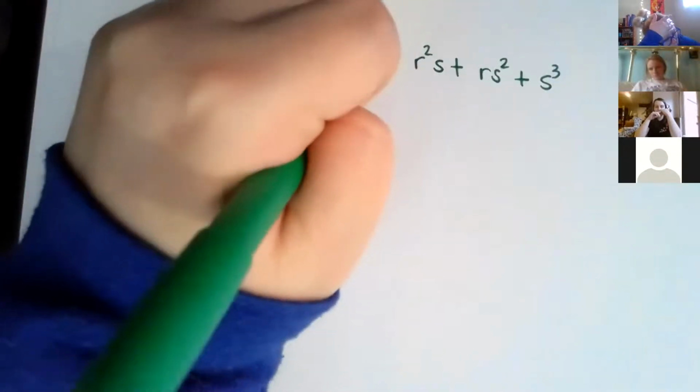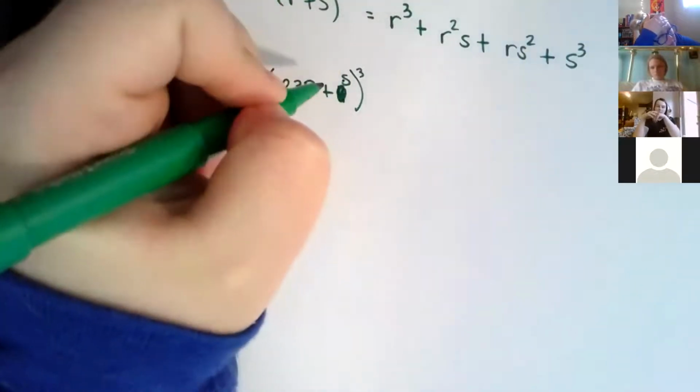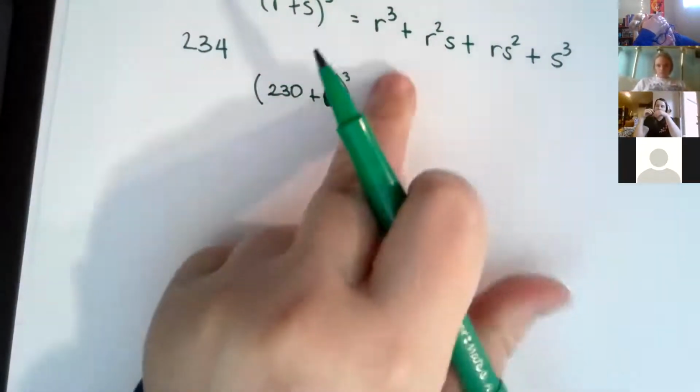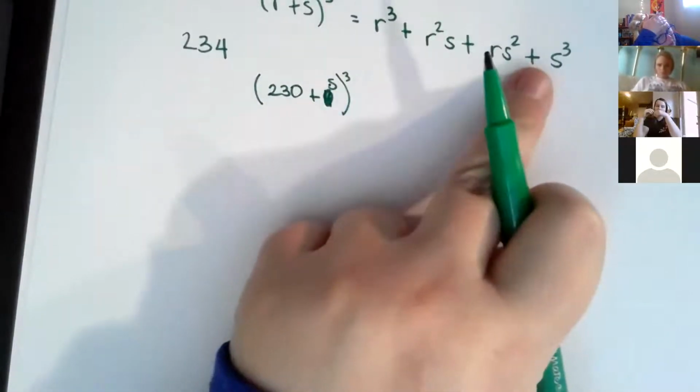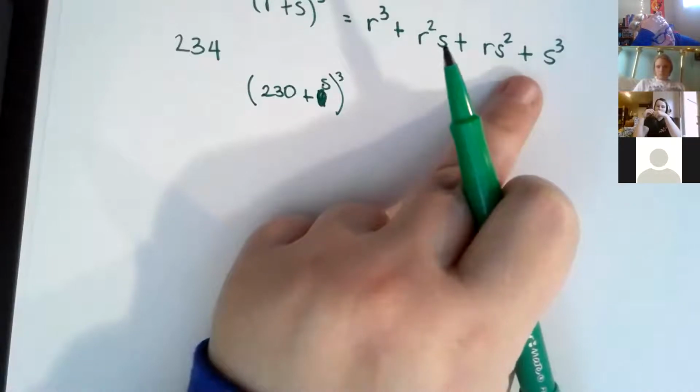S quantity cubed, so that would be the S term. So that's our C. And these terms here, those S's now are technically our C's. So that's how I was seeing that part of it. I don't know if this makes any sense.